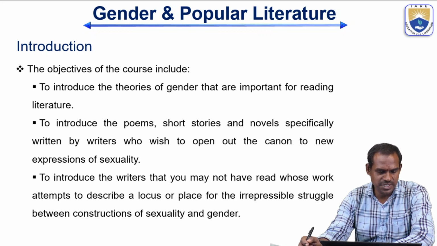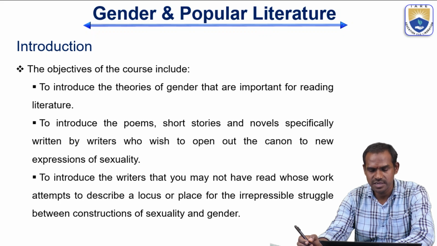And the third objective is to introduce the writers that you may not have read, whose work attempts to describe a locus or place for the irrepressible struggle between constructions of sexuality and gender.